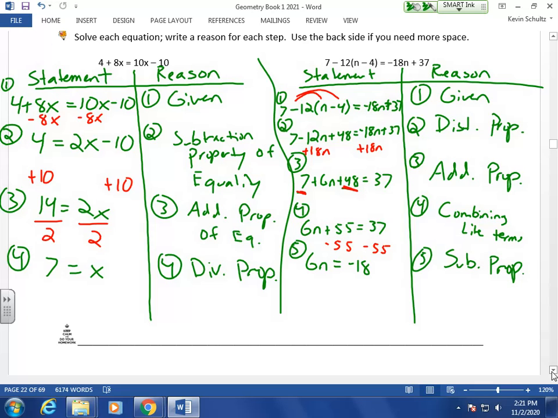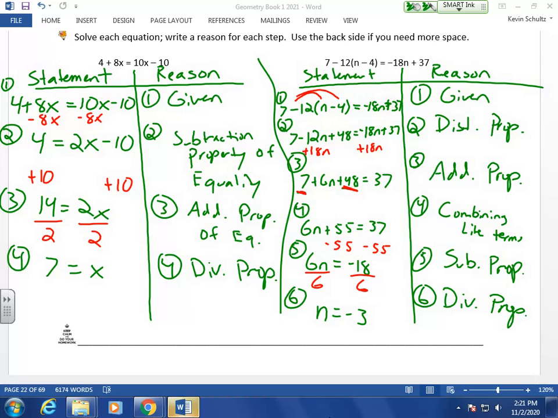And last but not least, one-step equations. So one step left to do. Divide both sides by 6. So step 6, we have n equals negative 3 because of the division property.